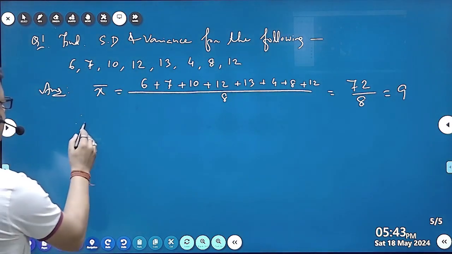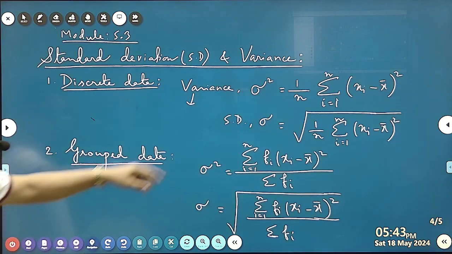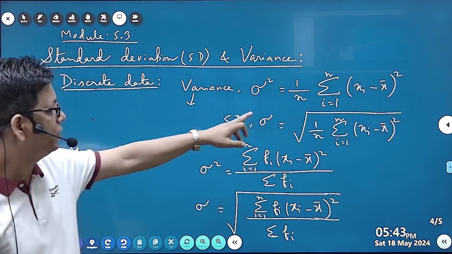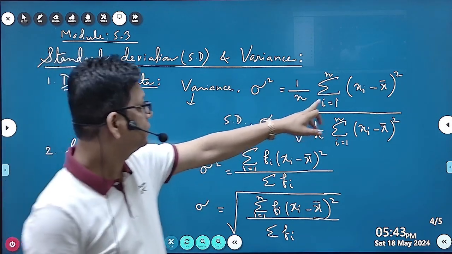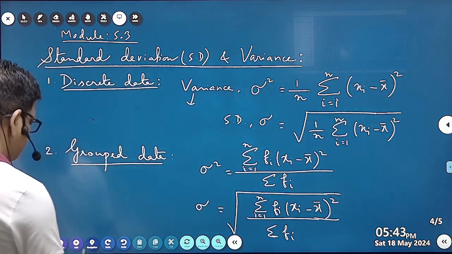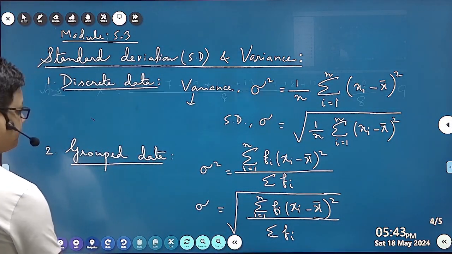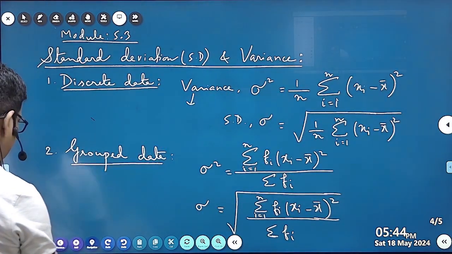Therefore, now look at the formula once. This one we'll do very directly. The formula is variance sigma square equal to 1 by n, so n will go to the denominator, summation of xi minus x bar whole square. First of all, let us find sigma square, which is variance.